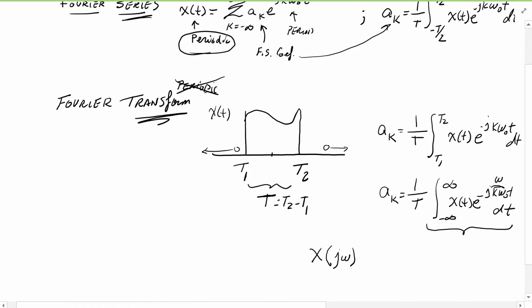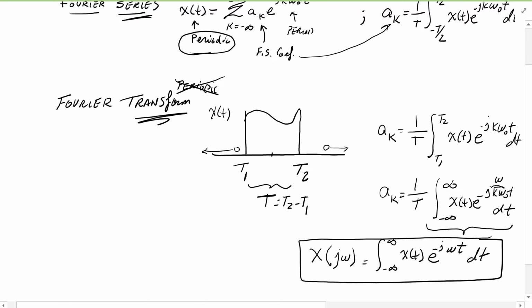If that's the case, then instead of writing jk omega 0, I will write j omega, and that's going to be equal to the integral from minus infinity to infinity x of t e to the minus j omega t, no omega 0, because we replace k omega 0 with omega, dt.